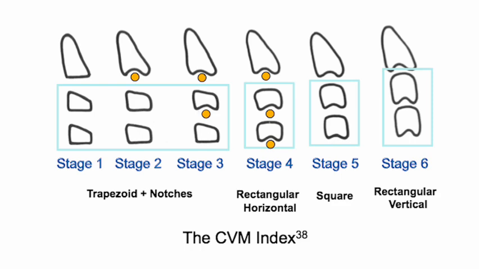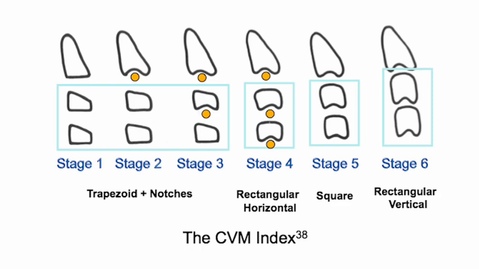So stage 1 is defined by the inferior borders being all flat. Stage 2, the inferior border of C2 is concave only. Stage 3, the inferior border of C2 and 3 are concave. Now you'll also notice that they're mostly trapezoidal morphologies of C3 and C4 during the first 3 stages. But one of them is allowed to be rectangular horizontal in stage 3.